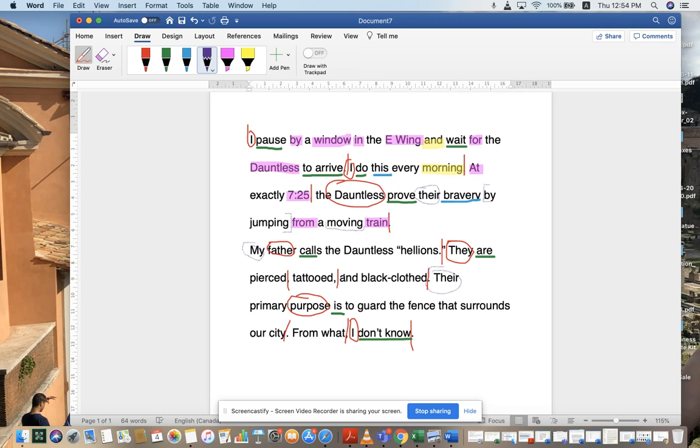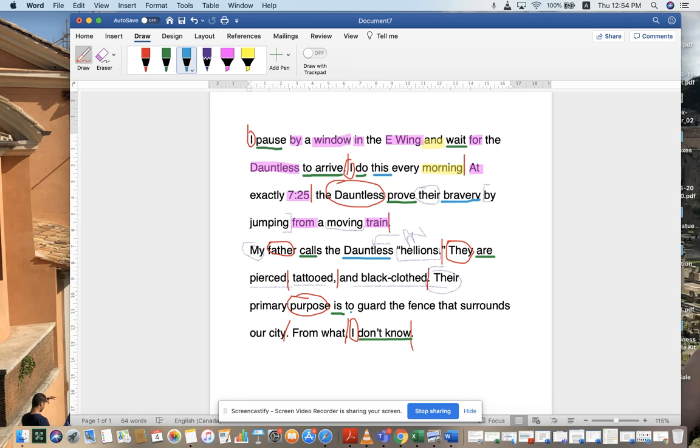There you go. So my father calls, who does he call? He calls the dauntless, which is here, helions, okay, which is a predicate nominative describing dauntless. And again, a whole bunch of predicate nominatives. They are pierced, tattooed, black-clothed, all referring to they, and their primary purpose is to guard.